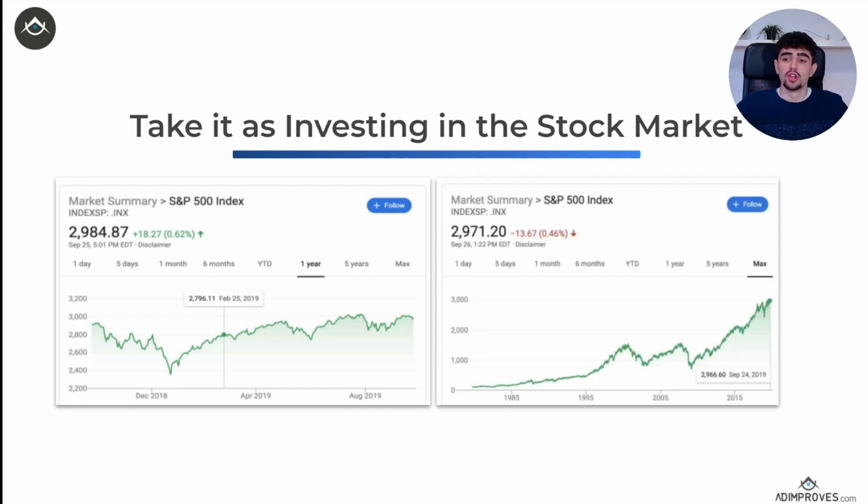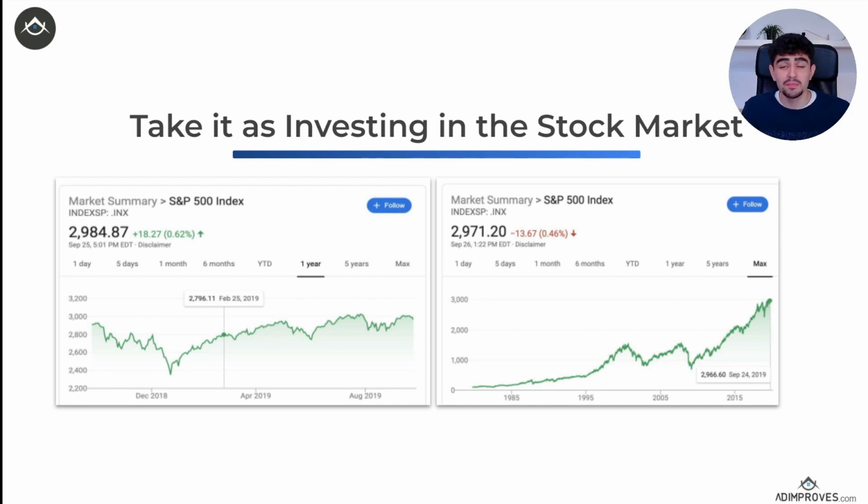But in the long term, you can actually see that the graph goes up. And what this means is that if you track your results over weeks, months, or even years, you're going to see that from everything you tested, you'll have a clear understanding of what the audience resonates with and what the audience buys.